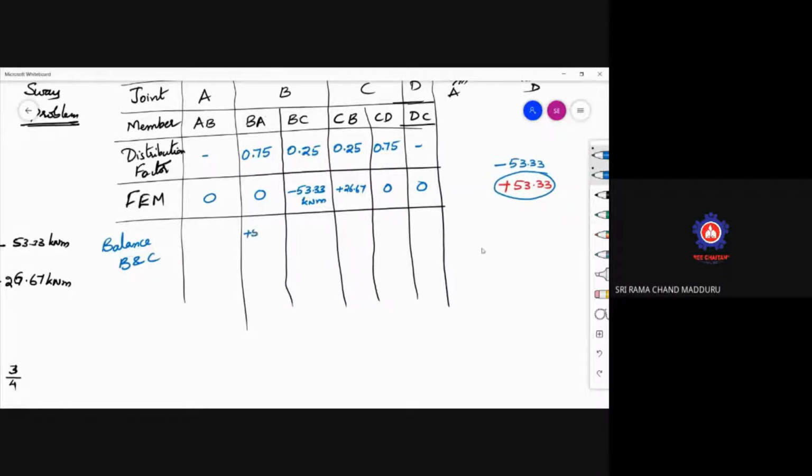Plus 53.33 multiplied with what is the value? Distribution factor 0.75. This is plus 53.33 into 0.25.